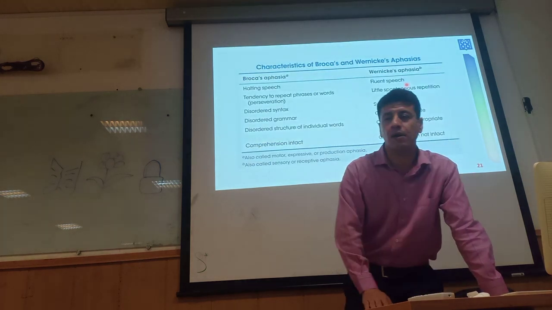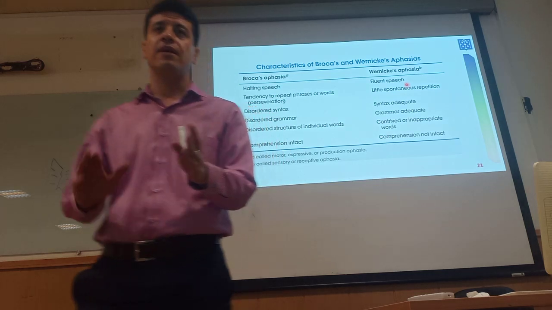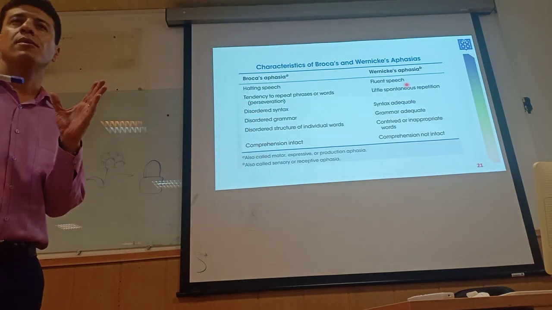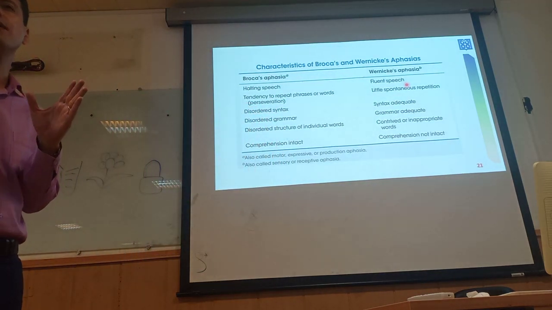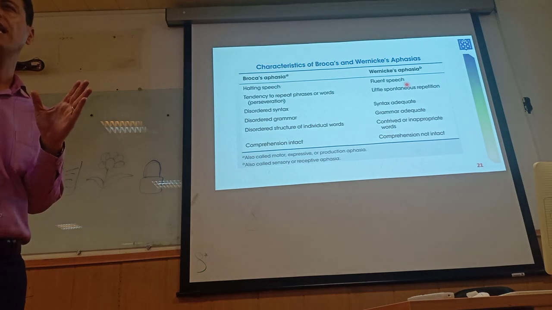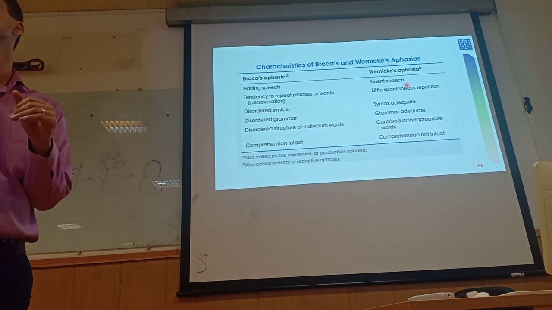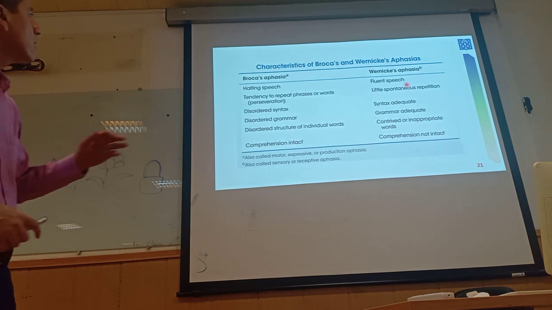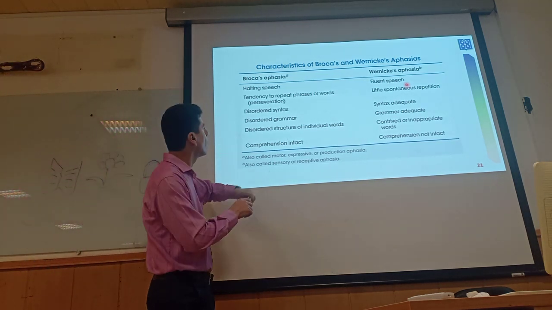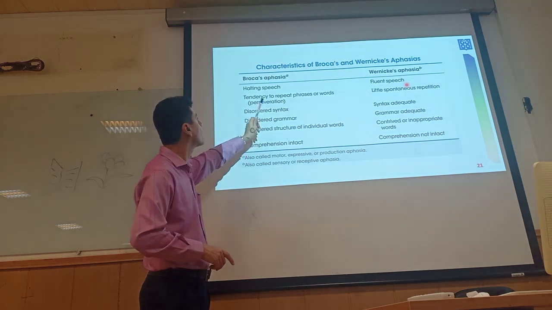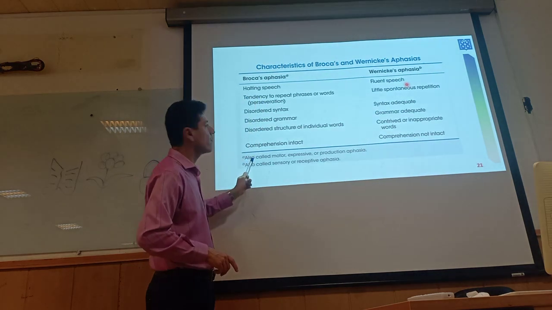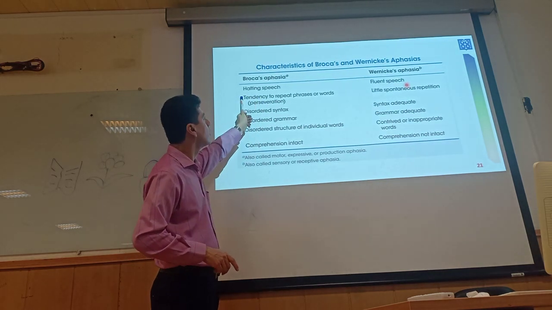So let's compare two types of aphasias together. If there is a problem in the Broca's area, the patient will have Broca aphasia. Damage to the Wernicke's area causes Wernicke aphasia. So let's compare these two. When there is Broca's aphasia, these are features of the language.